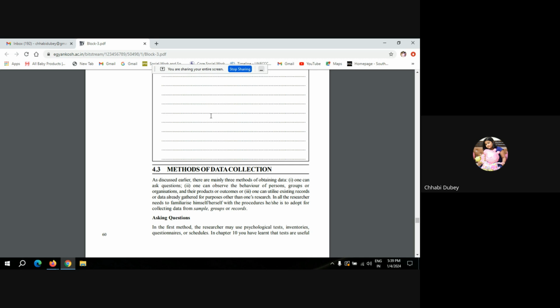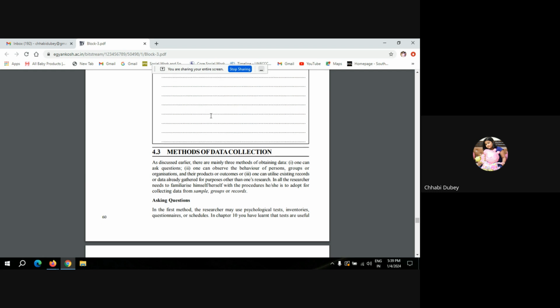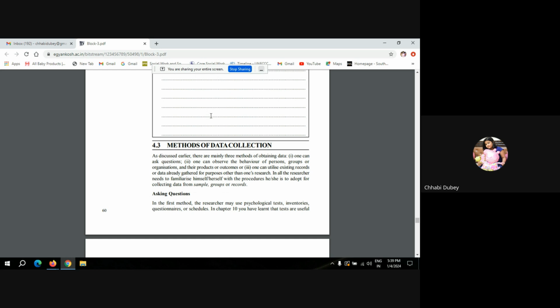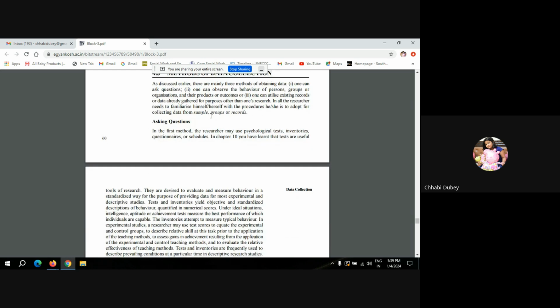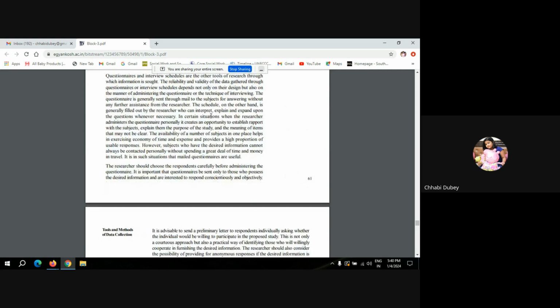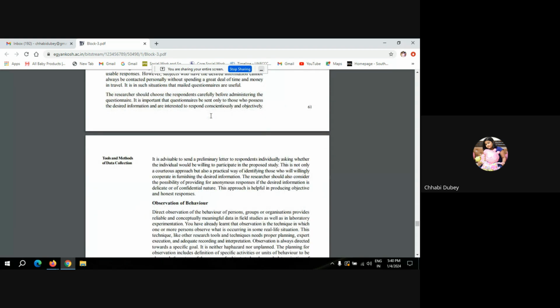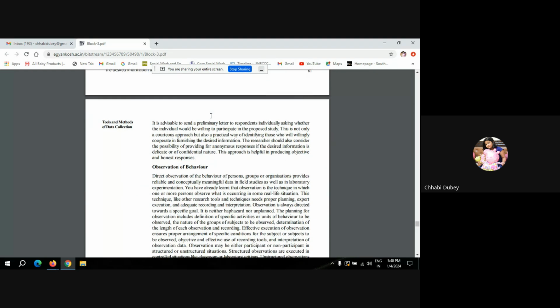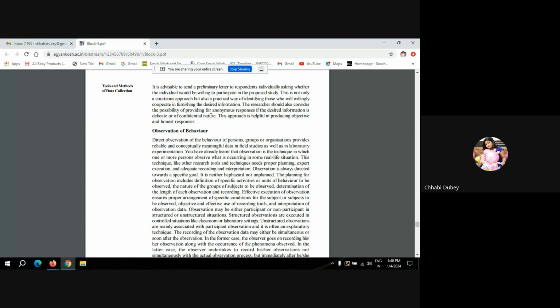Asking questions, we have already seen before how we can use questionnaires or schedules. We can use tests or inventories in order to ask questions from the respondents. This is basically a repetition of what we have already studied. Then observation of behavior, which we have already seen.